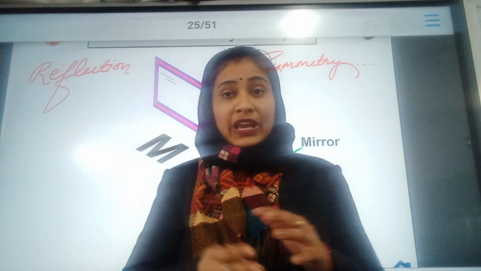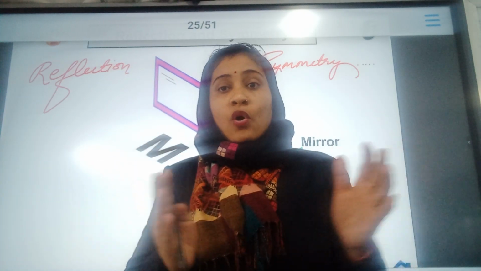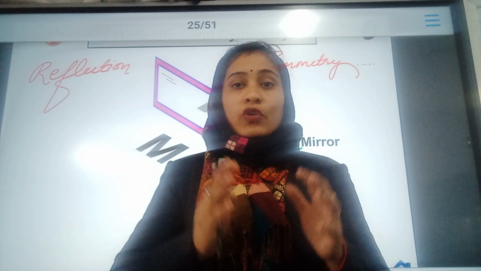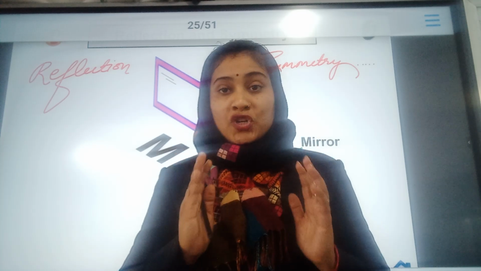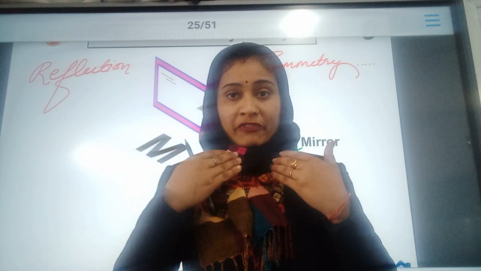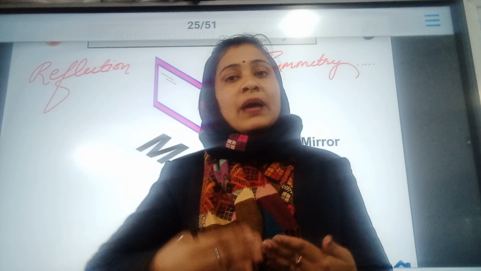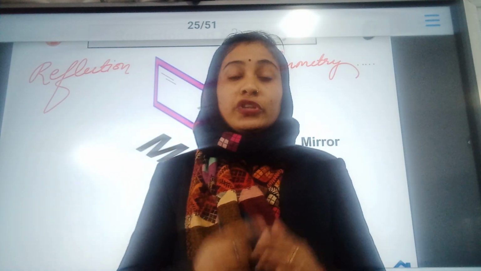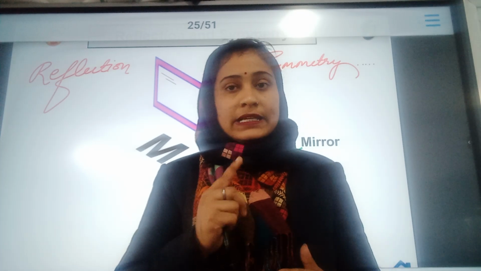It's not that the face looks a bit bigger or smaller than the actual one. Whatever the dimensions of our face or body, the mirror produces the same dimensions in the image. That is known as reflection symmetry.